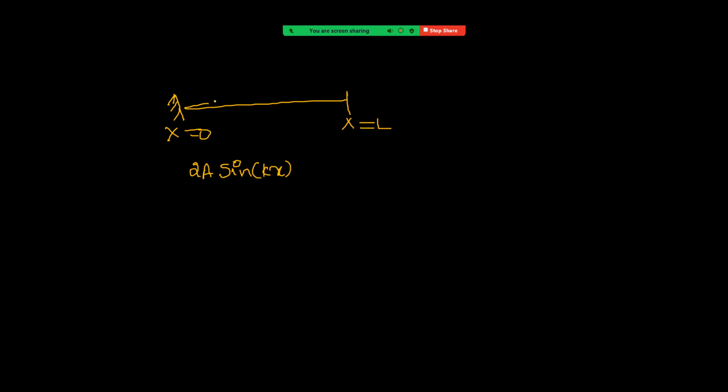Let us take only one loop here. That means the midpoint corresponds to an antinode. Suppose the question is given like this: the string shape is a straight line when t equal to 0, and the number of loops n equal to 1.